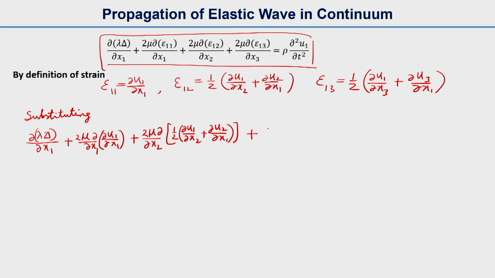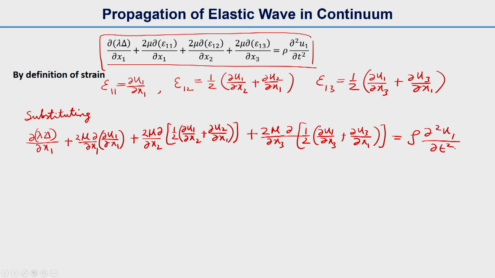Then the third term will be twice mu times half of partial of u1 with respect to x3 plus partial of u3 with respect to x1, and that will be equal to rho second partial of u1 with respect to time.